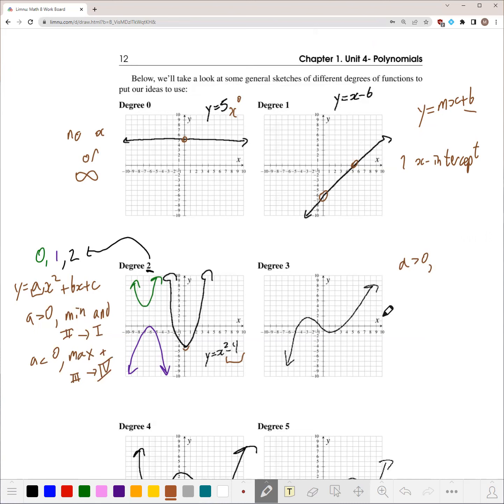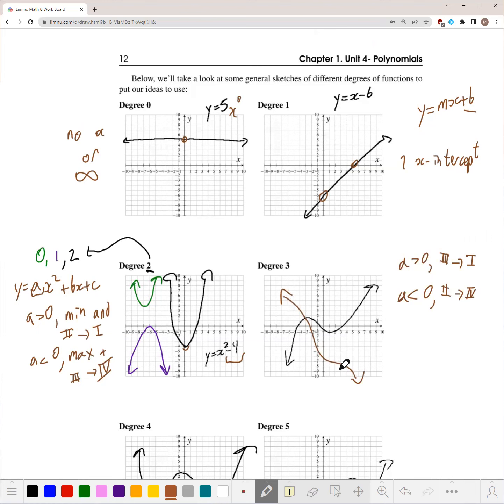But importantly, our end behavior is going to go from quadrant 3 to quadrant 1. Whereas if A is negative, it's going to go from quadrant 2 to quadrant 4. So that would be something like this. Very sloppy, I know, but it curves, trust me.